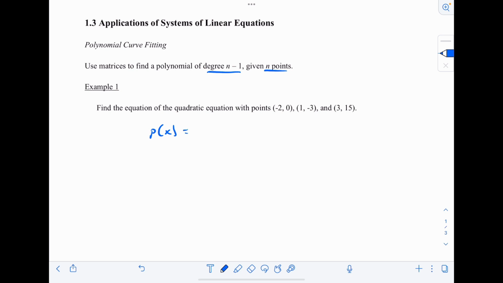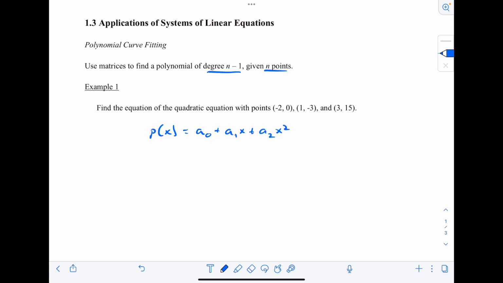If you think about a quadratic equation, we often think of it as ax squared plus bx plus c. We might even think of it as equaling 0 and using the quadratic formula or factoring to solve it. I'm going to turn it around a little bit, though. I'm going to write it in this form: a0 plus a1x plus a2x squared.